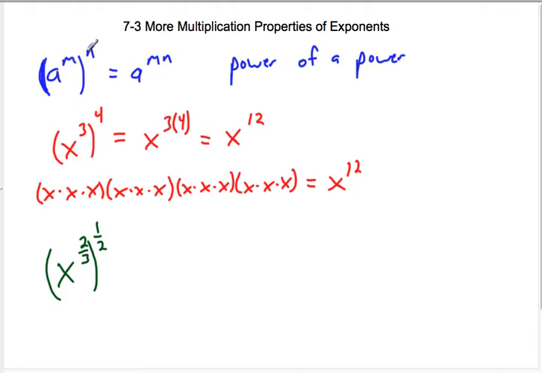Remember the previous video, we were adding the exponents, and that was when we had something like a to the m times a to the n, right? See the difference? Here we were just multiplying two bases with different exponents. Here we're actually raising a power to another power.